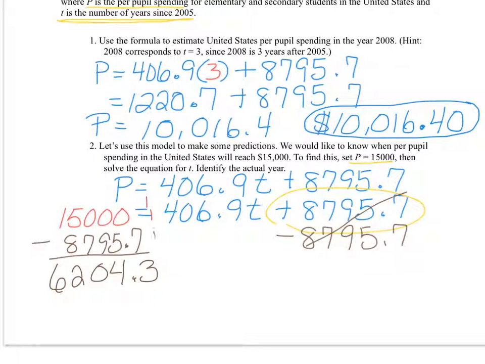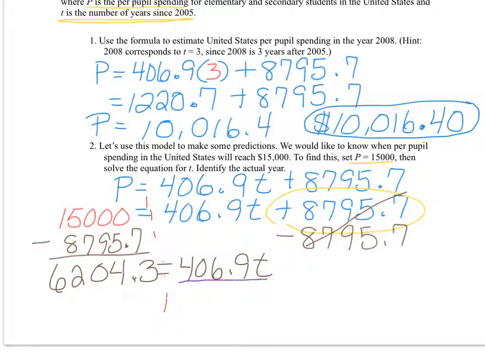Equals 406.9 T. Then in our flow chart, the next step that we would do would be to divide by 406.9.